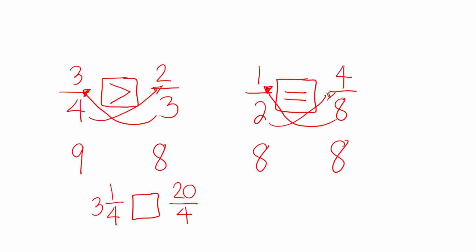What do I do? It's either we convert the 3 and 1/4 to improper, or we convert the 20 over 4 to mixed. They should be the same form. If you're comparing a mixed and an improper, you cannot do that. Both should be mixed or both should be improper. Is that clear?